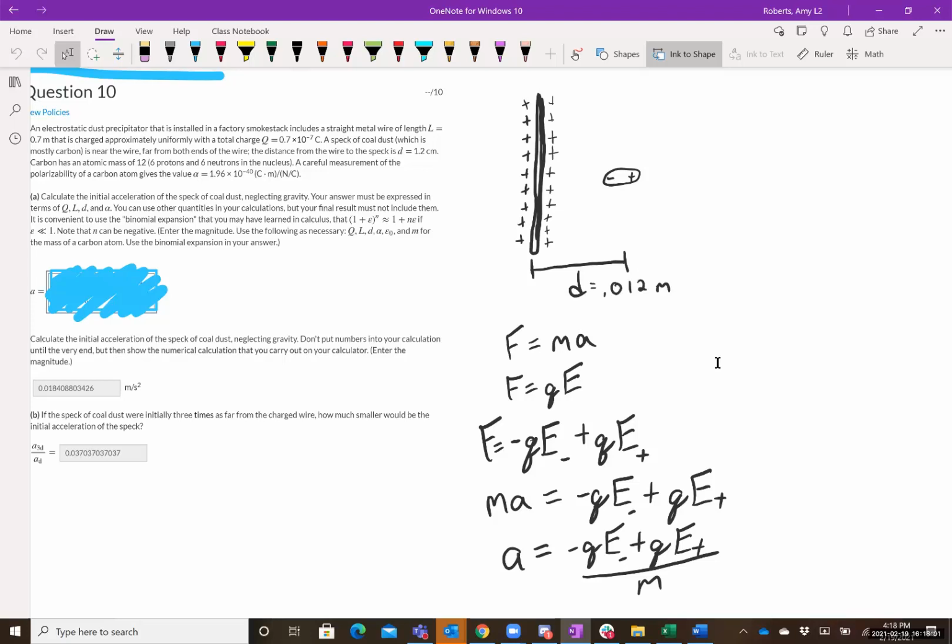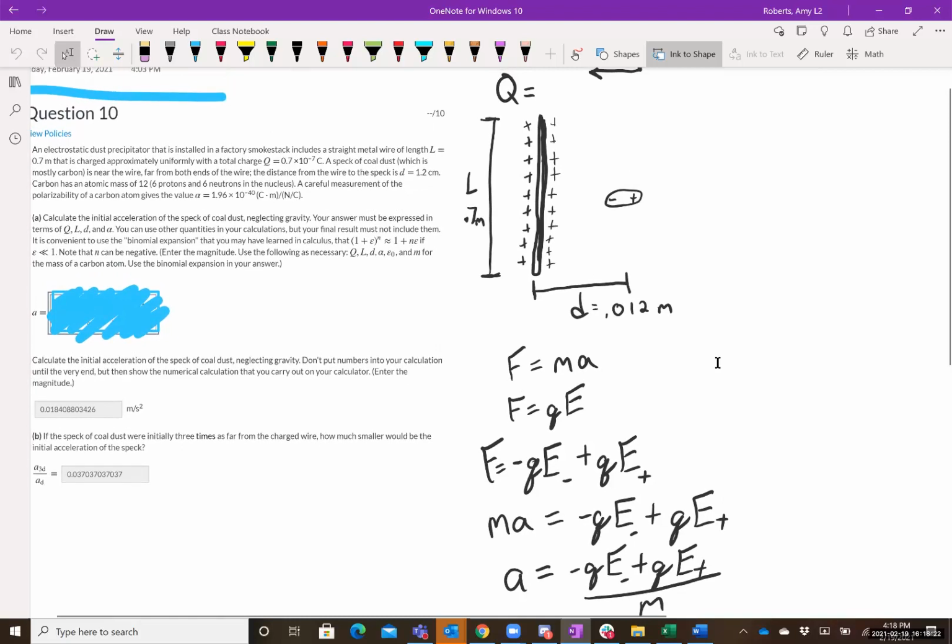Great. And then we also know the length of the wire, which is L, I believe. Yes. Which is 0.7 meters. Excellent. We also know the charge of the wire, which is 0.7 to the negative 7.